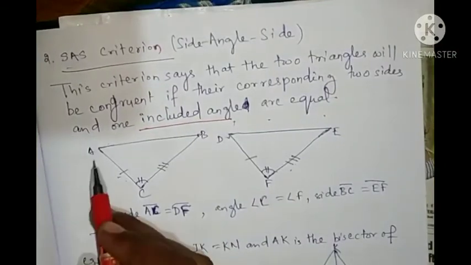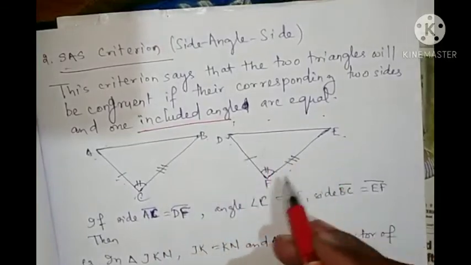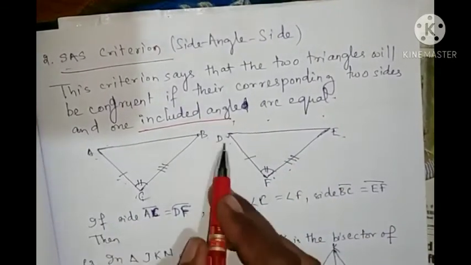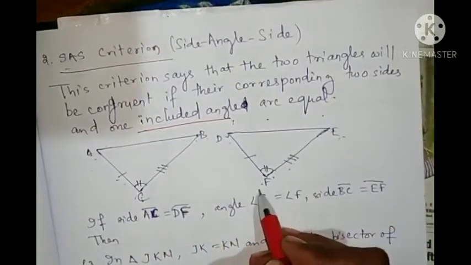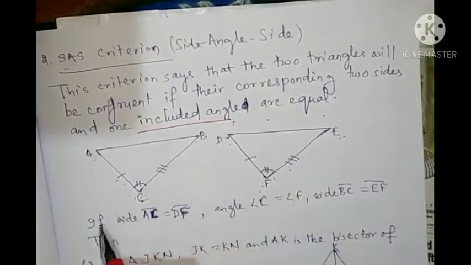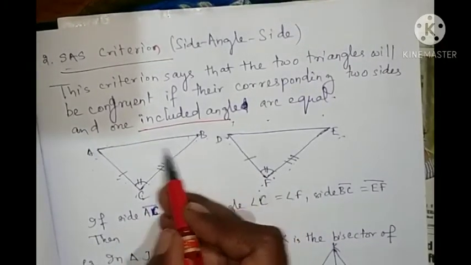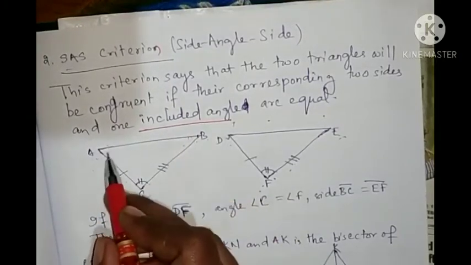Look here at triangles ABC and DEF. You see that AC is equal to DF, and BC is equal to EF. So two sides are equal, and the included angle is C. Don't take A or B as the included angle, because they are not between the two sides.